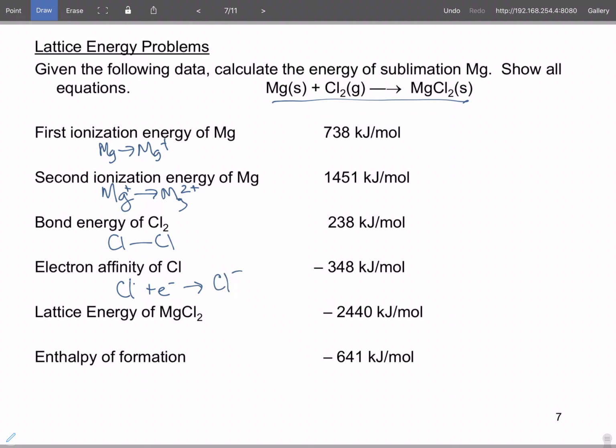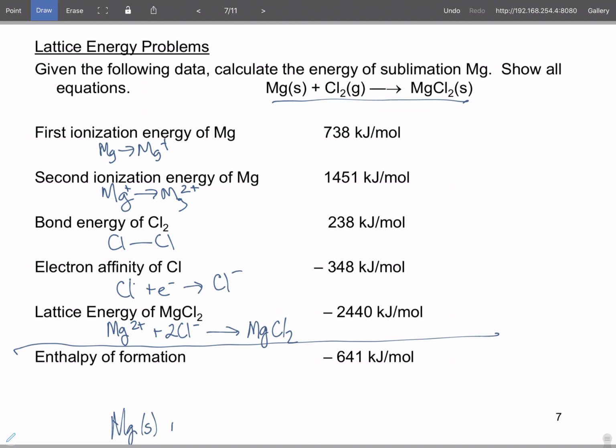And then the lattice energy is going from magnesium 2 plus and 2 chloride ions to produce magnesium chloride. So then these would total to the enthalpy of formation. The overall reaction is going to be magnesium solid plus chlorine gas yields magnesium chloride solid, which is your salt.